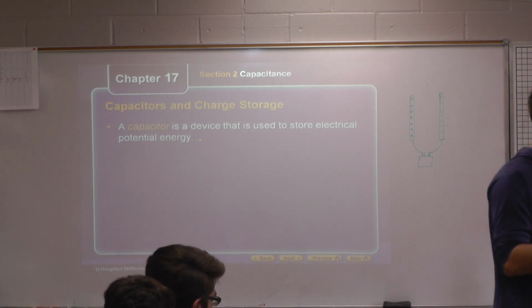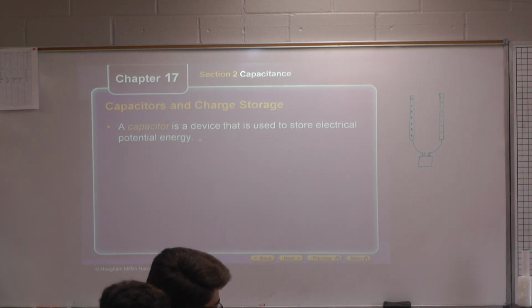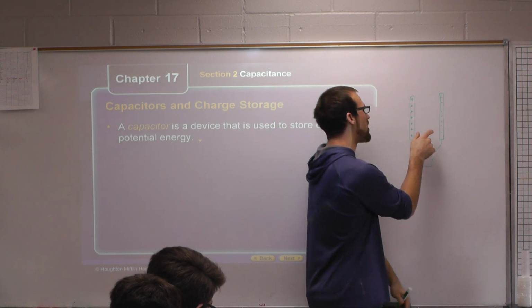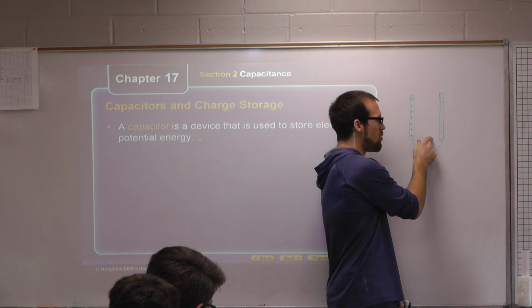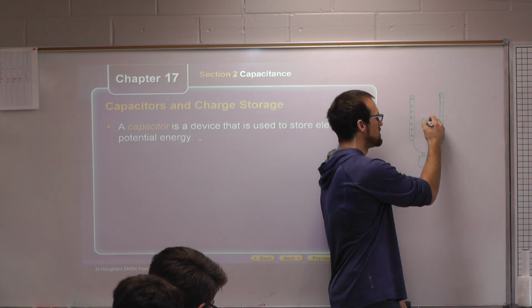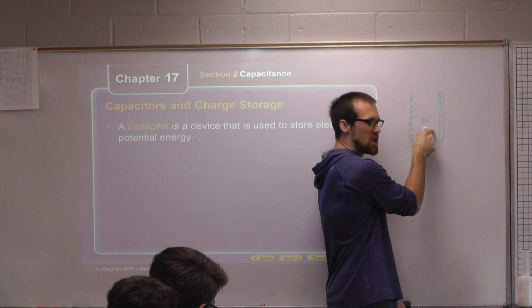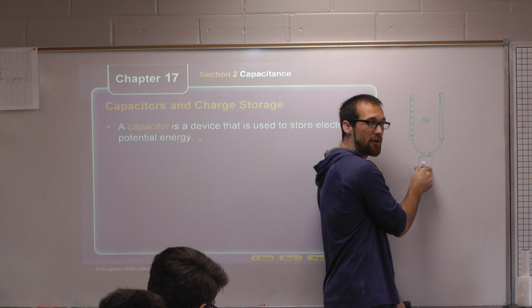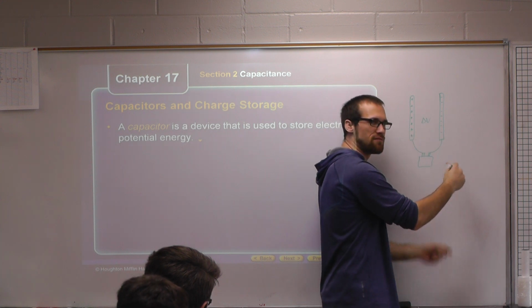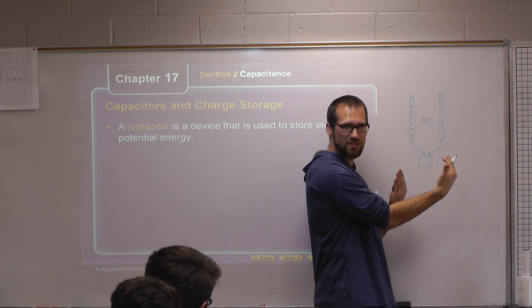Okay? So a battery is used to charge. It's not the only thing that charges a capacitor, but the most common example of charging a capacitor would be to plug a battery up to it. So what will happen is the capacitor will stop charging when the potential difference between the two plates is equal to the potential difference of the battery. Because essentially the battery is doing the work to get the charges to move so that there's a potential difference.